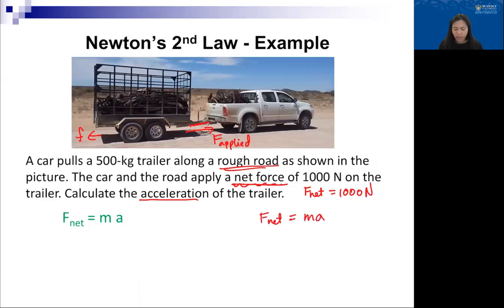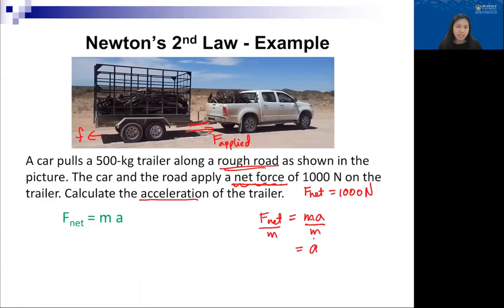You have to rearrange this equation to get the equation for acceleration. I'll just do the shorter way. Dividing a number by itself is equal to 1. So if I divide both sides by the mass, because I want to isolate acceleration, I see here mass divided by mass, that's equal to 1.